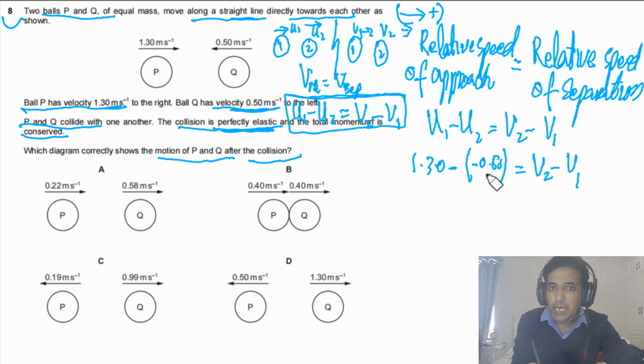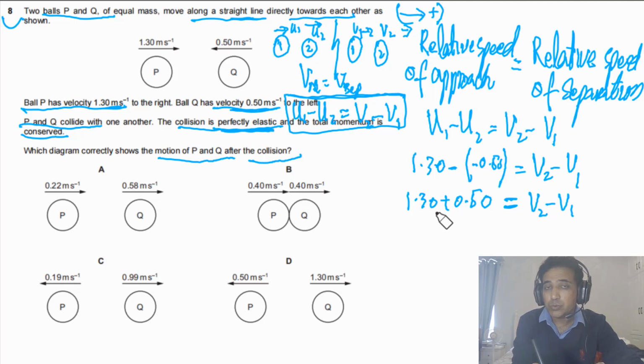So here, if we add these two together, we have 1.30 plus 0.50. So this is the final relative speed of approach. And relative speed of separation, meaning v2 minus v1, also has to be equal to this number.